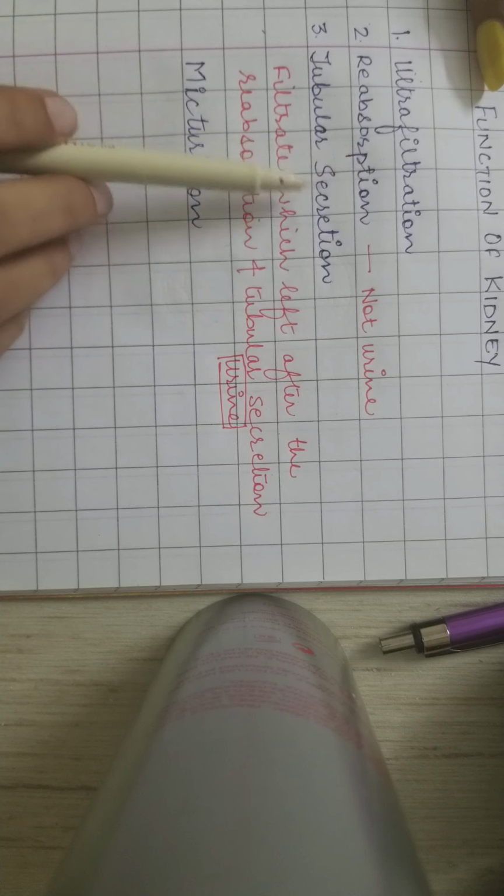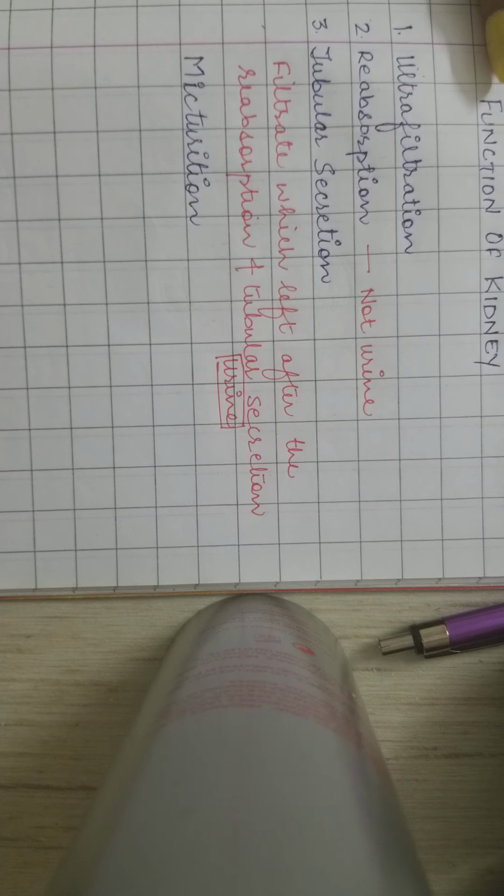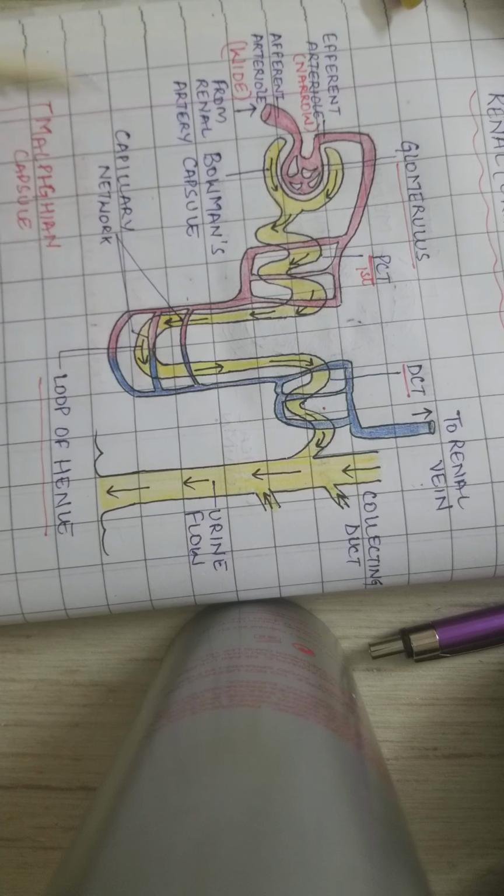After the reabsorption and the tubular secretion, the filtrate which is left, which is collected in the collecting duct, is known as urine. Okay, now if you see the diagram, I am explaining you the steps.